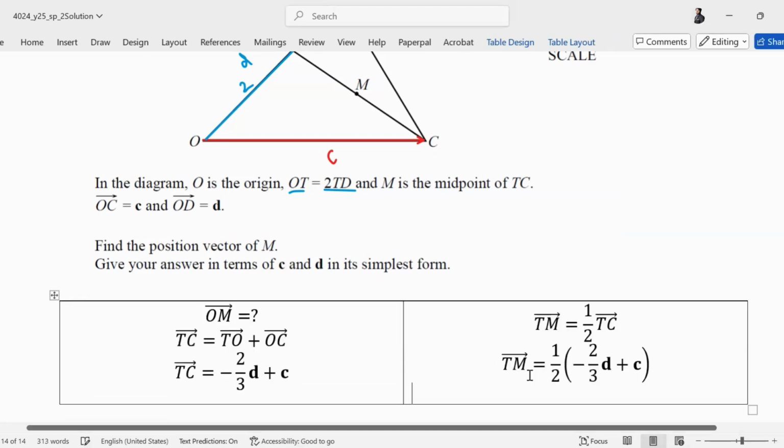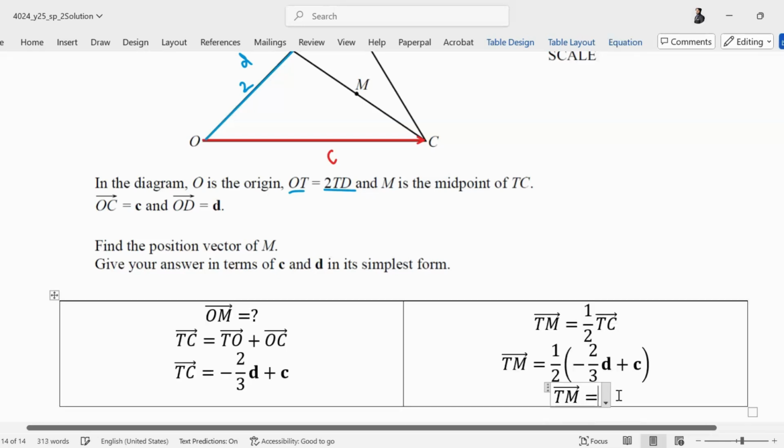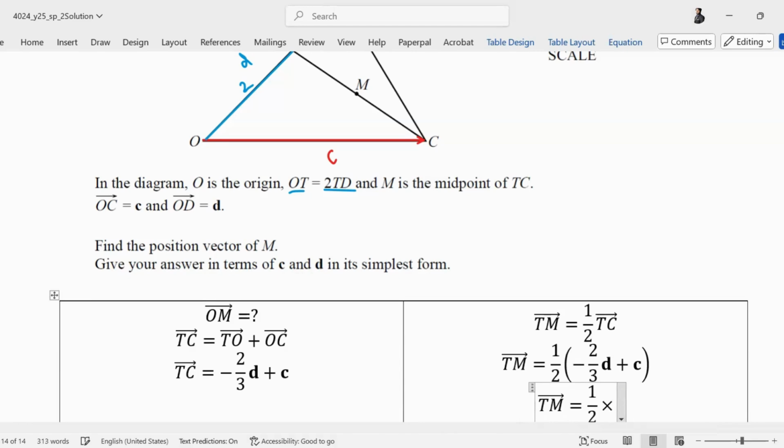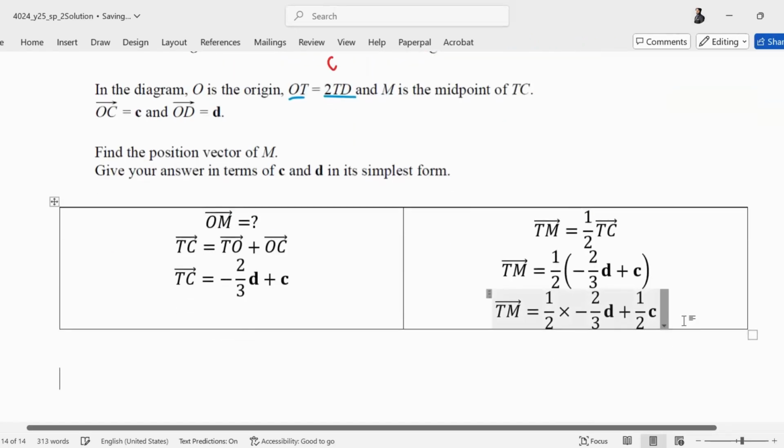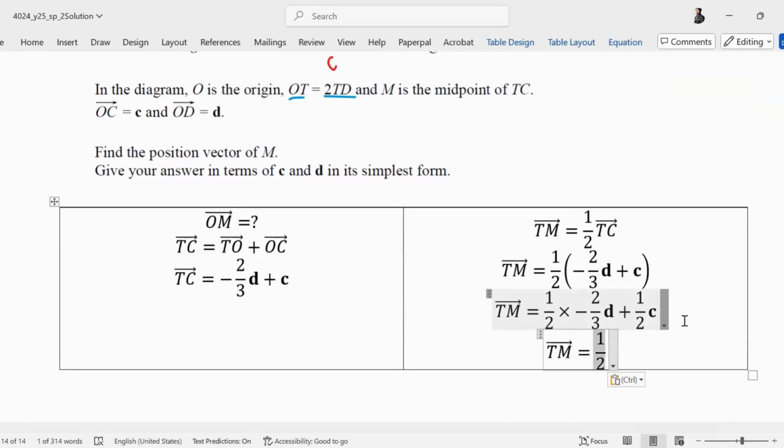So if I simplify this and multiply both of them by half, half will also multiply by negative 2/3 of D, and half will also multiply by C. So once you simplify this, you will get TM as negative 1/3 of D plus half of C.